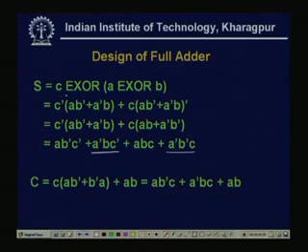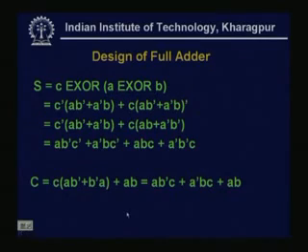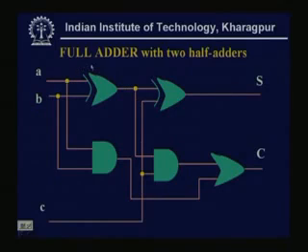That means this is C XOR A XOR B. Now A XOR B, I can write that this is a half adder circuit. So now we can realize that full adder with two half adders.